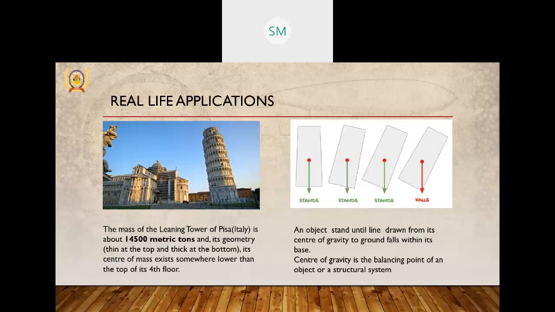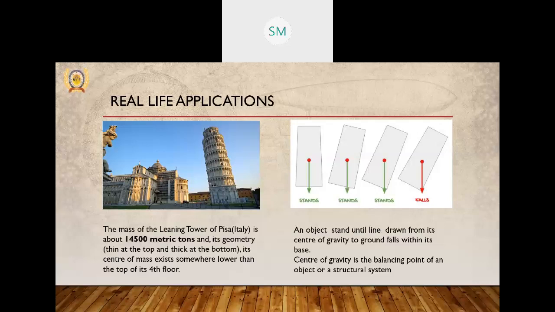So that means this is the failure sign. So the Leaning Tower of Pisa is still standing just because the center of gravity still lies in the base. It is not going outside the bottommost line of the base.